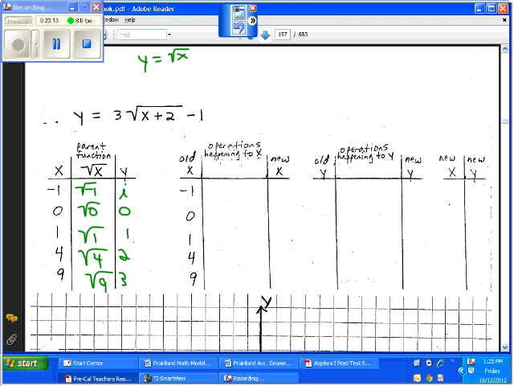So when we're dealing with square root, we want to choose perfect square x's, right? X is our independent variable, our input, and we're going to input something that's going to give us some decent outputs, okay? And so my old y's were i, 0, 1, 2, 3.